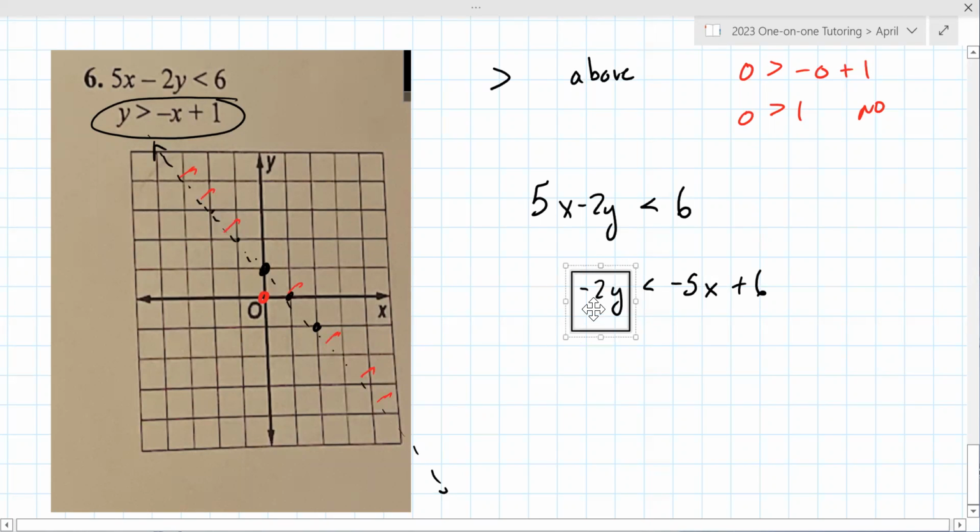You actually don't even care what's going on the right. Your goal is to isolate the y. So what do you undo to get just y? What do you divide by here on the left? -2. It's got to be the same number. -2. Okay, so go ahead and keep going. Work that out from here, please.